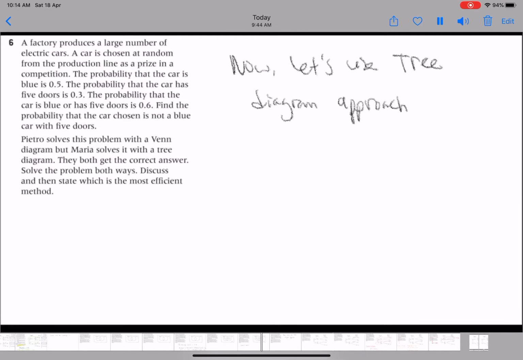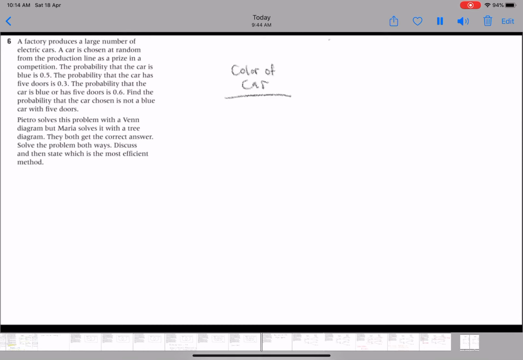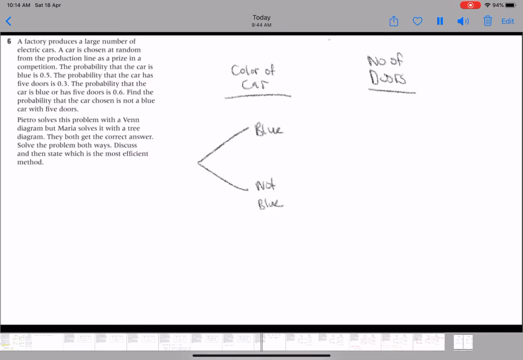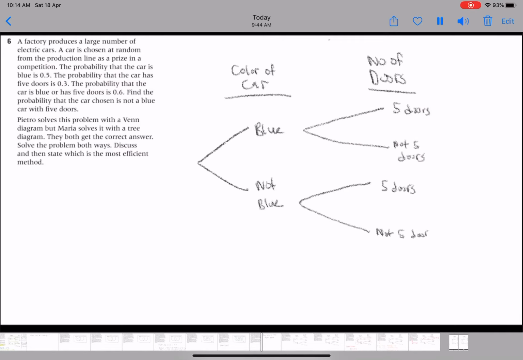Okay, now let's use the tree diagram. In this case, it's a combined event. We are interested in the color of the car, and whether it has 5 doors or not. So we put color of car and number of doors, and the car can be blue or not blue, and the number of doors 5 doors or not 5 doors. This is how your tree diagram should look.